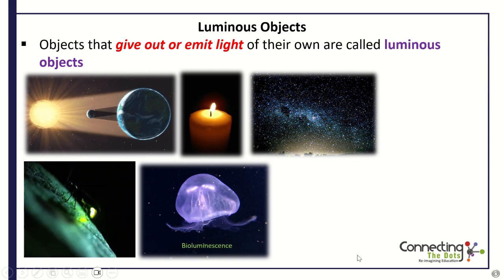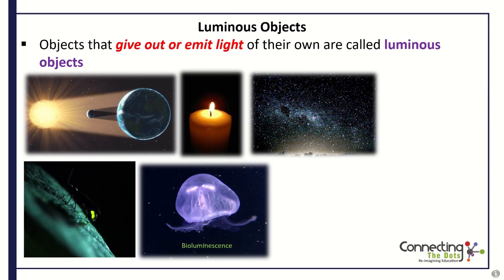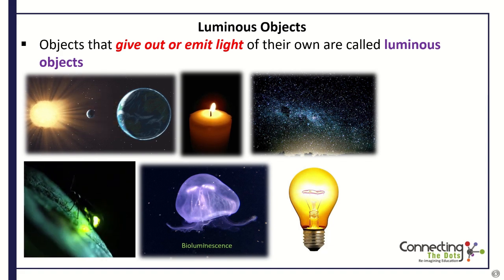They are able to emit light because of bioluminescence, because of the various chemical reactions happening in their body. Another example is the electric bulb. So these are the examples of luminous objects. They are able to produce their own light and emit their light.